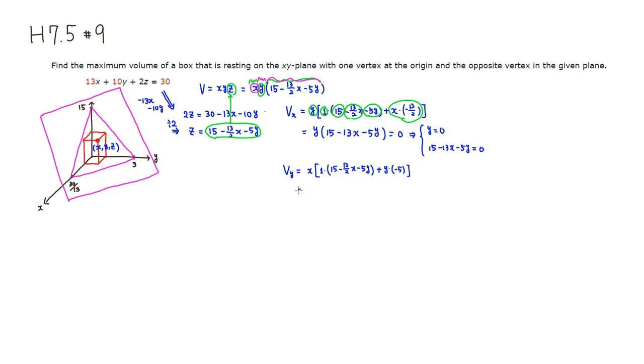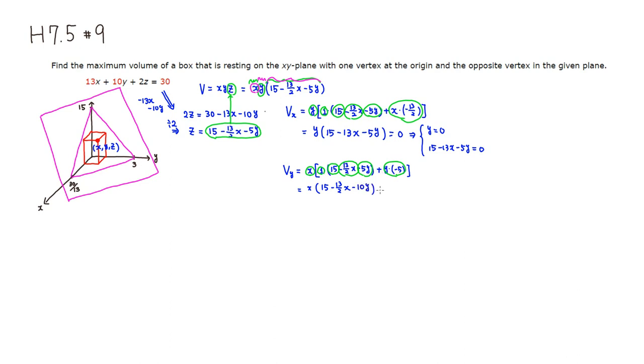So this is going to be equal to x sitting in front, and then the 15 sits here. The x term is minus 13 over 2 x, the y term is negative 5y, and you have another negative 5y, so it's going to be negative 10y.